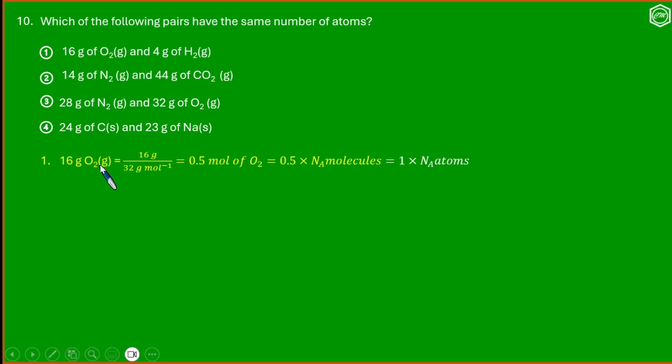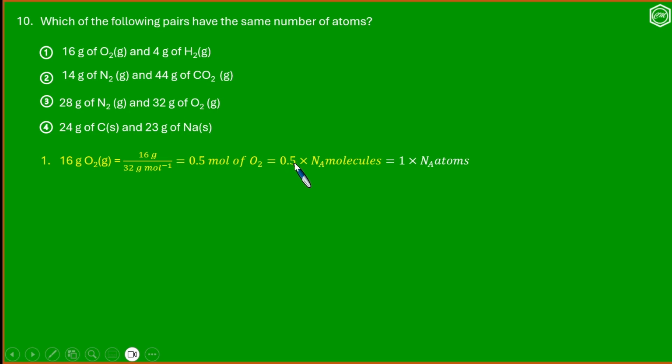16 gram oxygen means number of moles is 16 gram by 32 gram per mole, 0.5 mole of oxygen. Therefore, number of molecules is 0.5 into Avogadro number of molecules. And one molecule of oxygen contains 2 atoms.